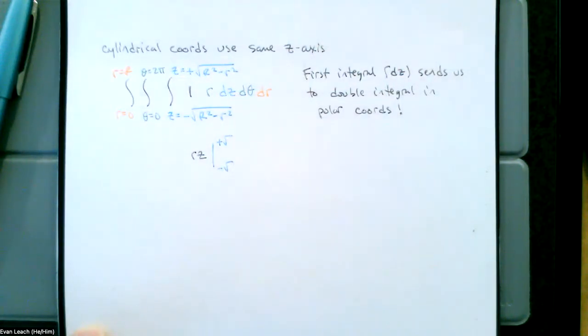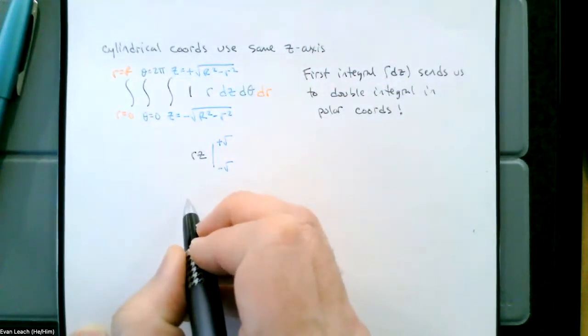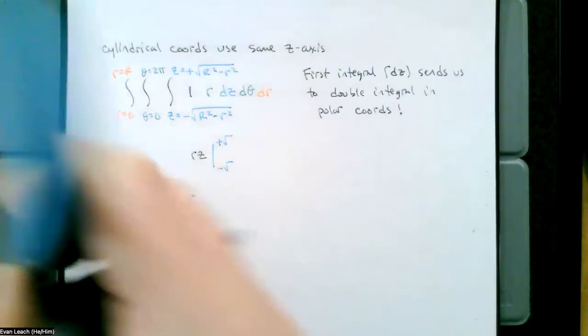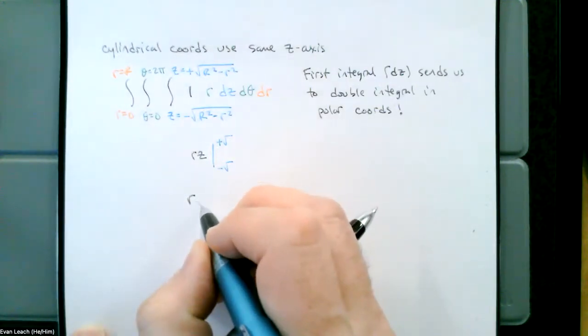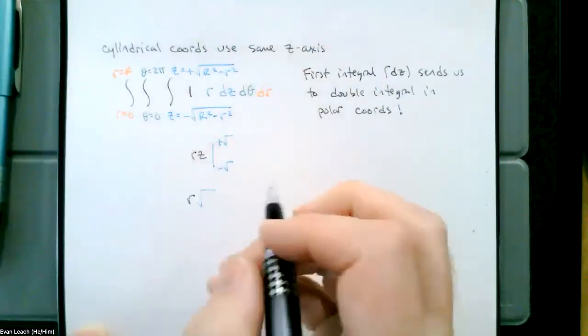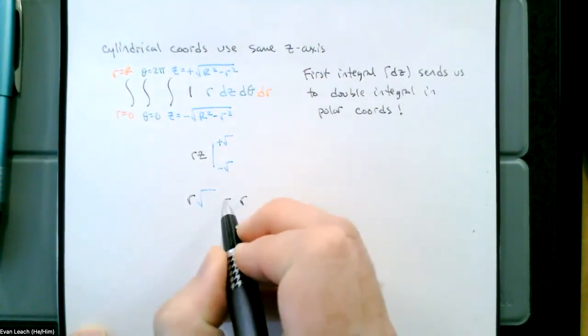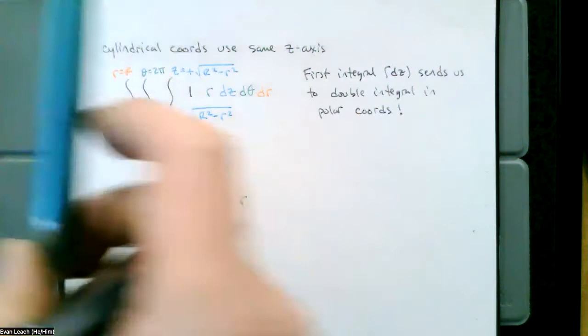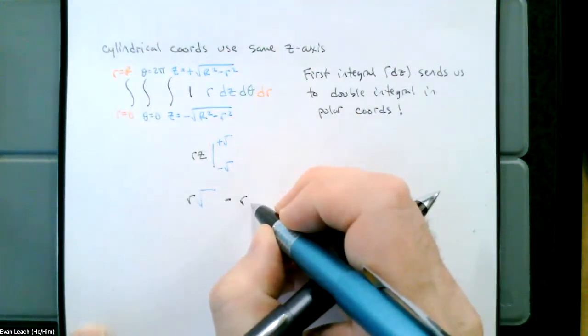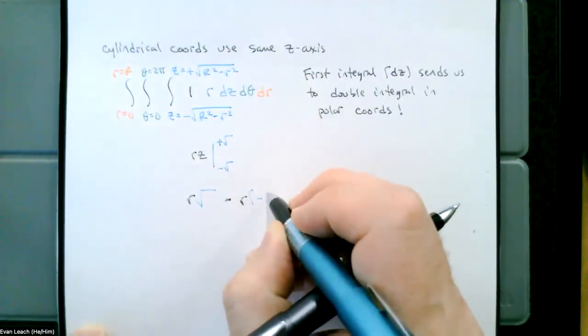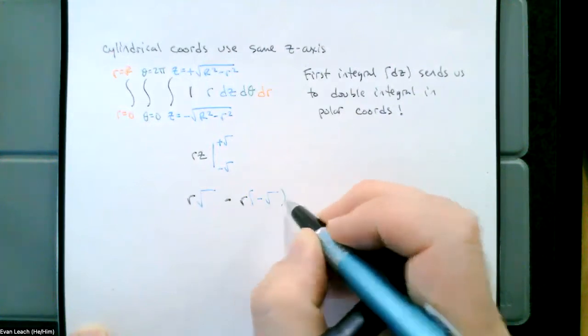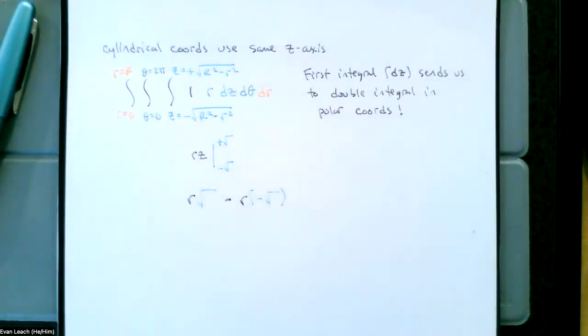We're plugging that in for the z, so I get r times the positive square root minus r times the negative square root. Negative and negative makes a positive, so I get 2r times the square root.